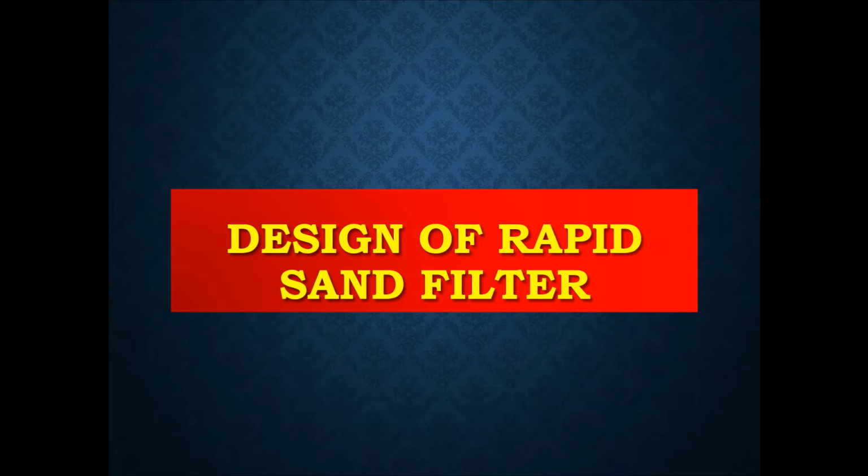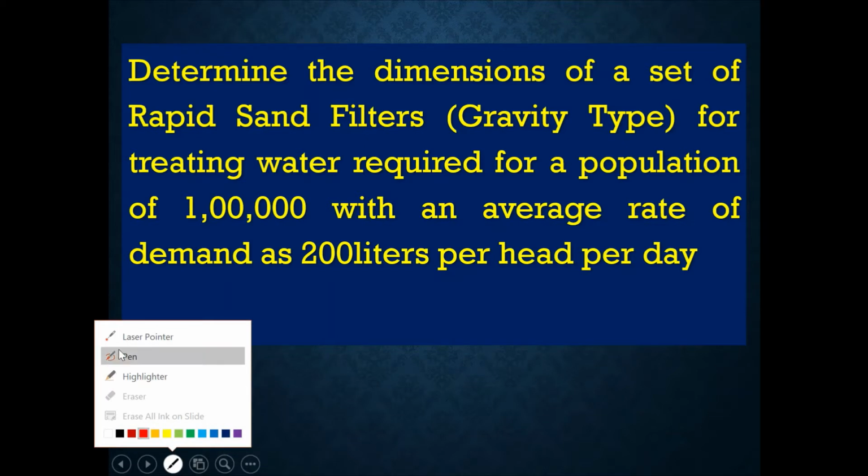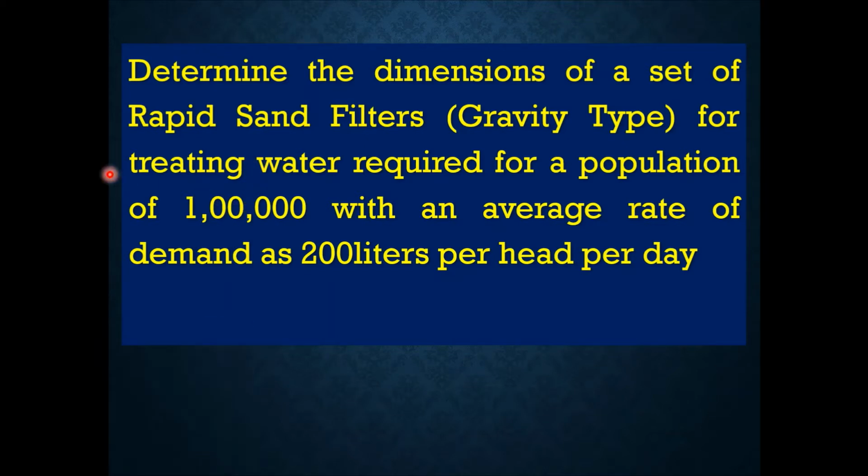Without wasting time, let's see one example on the design of rapid sand filter, a type 1 example. Here is the question I have written, which is on my screen.